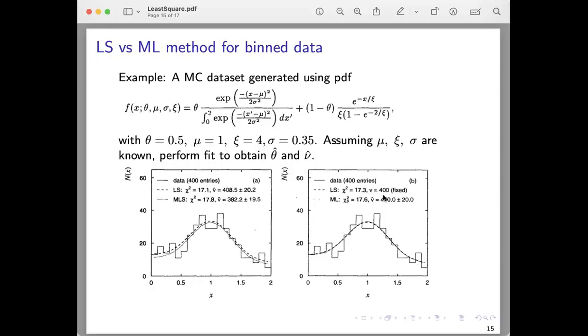But in the case of maximum likelihood, where you treat mu as an adjustable parameter, it gives exactly the right number for the normalization, that is 400. So this shows the advantages of using the ML method compared to the least square method when you fit binned data.